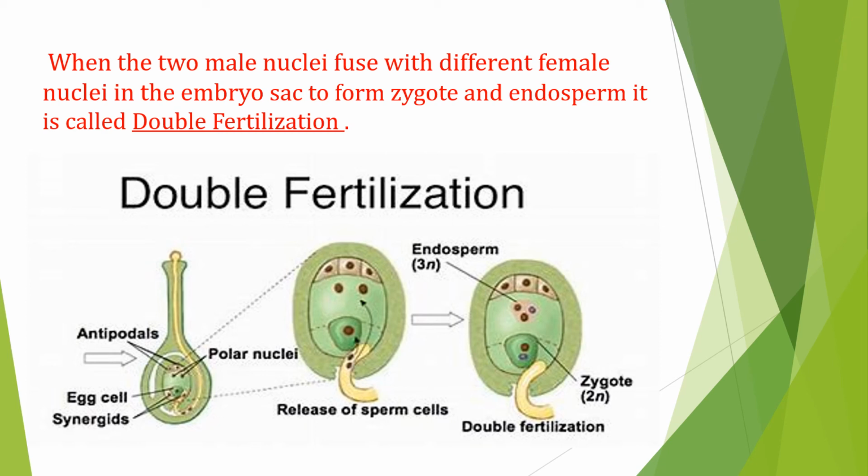Double fertilization is the fertilization of two polar nuclei in the embryo sac. In the figure you can see, in double fertilization zygote is formed and the endosperm is formed.